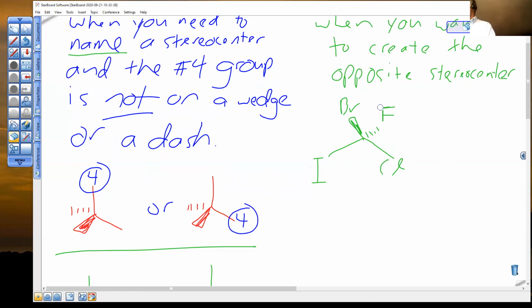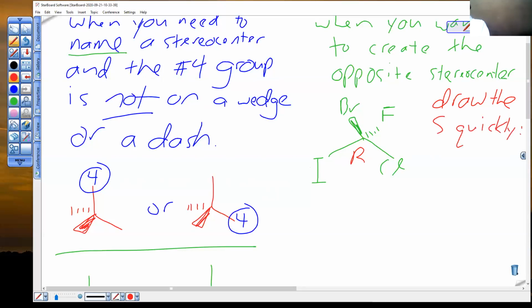Okay, this one is currently R. Draw the S quickly. Watch this. Same tetrahedron, Cl here, I here, the other two the same. Done.